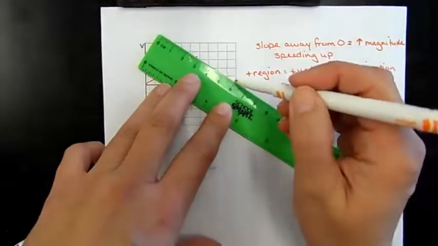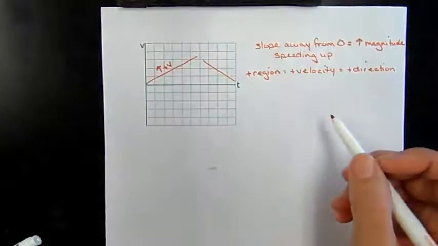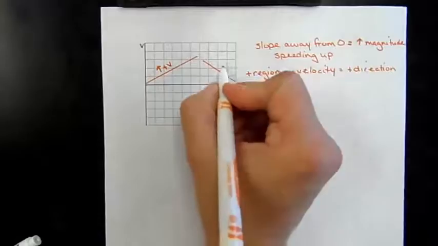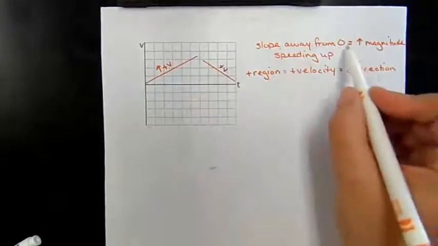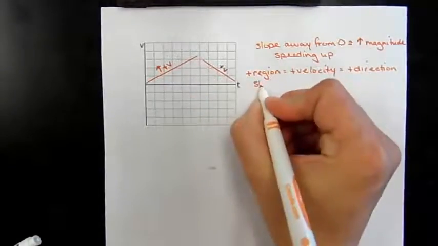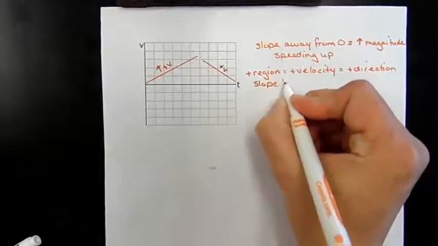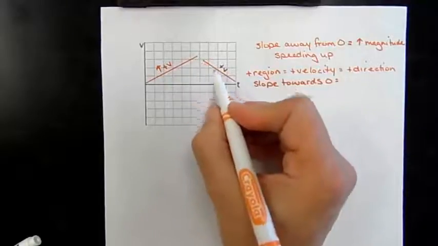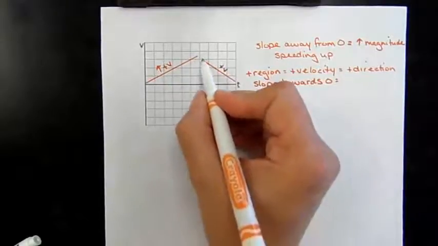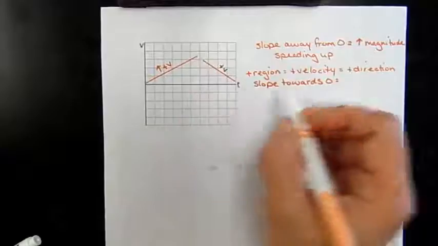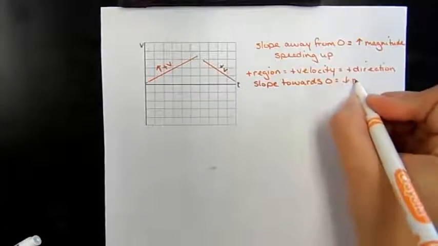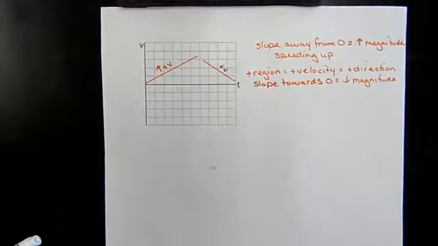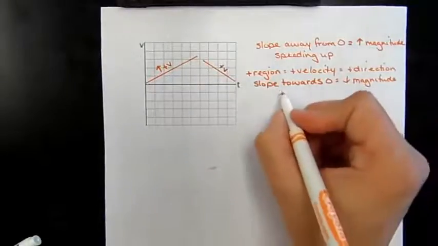We can have a line that looks something like this. We're still in the positive region, so we still have a positive velocity, but our slope is moving towards 0. So that means our magnitude is getting smaller. As we move from a higher velocity down to 0, the magnitude of our velocity is decreasing, so we are slowing down.